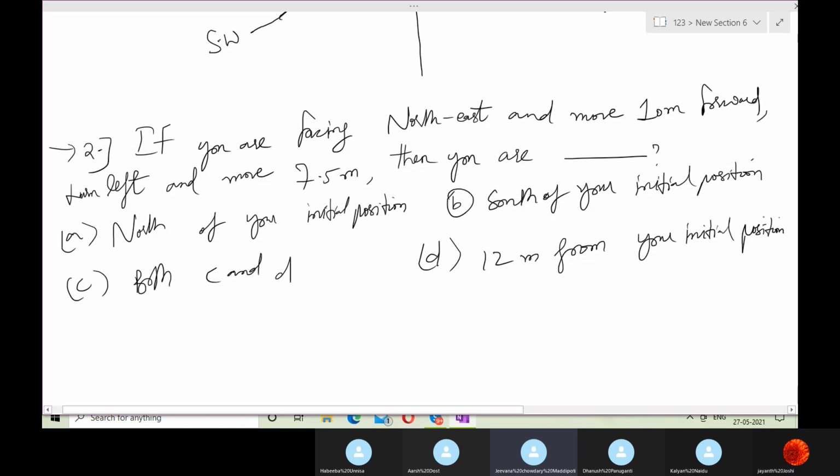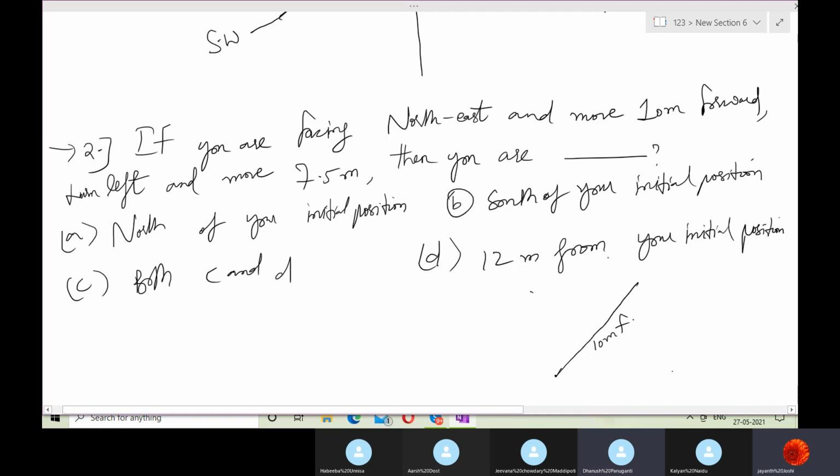North of your initial position, sir. North of your initial position. See, if you are facing northeast, this is the point you are at, and this is like the center point. Northeast would be this, because north is this and east is this. And then what happened? You move 10 meters forward.